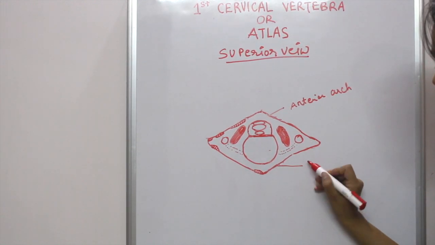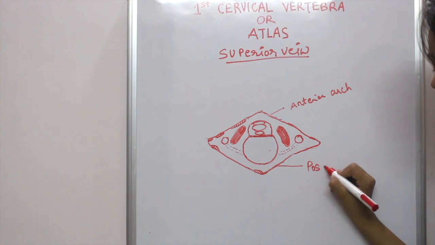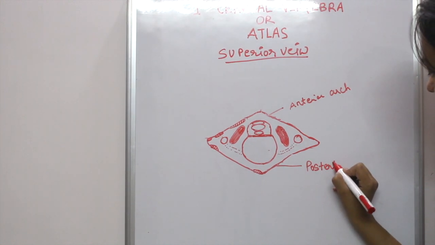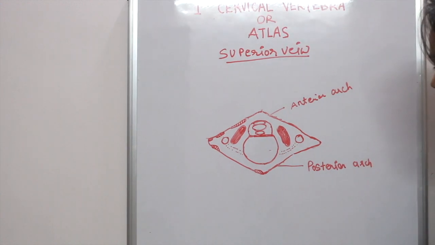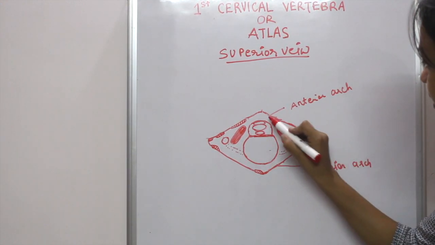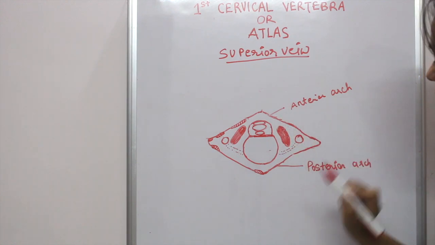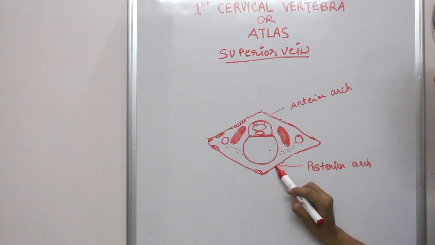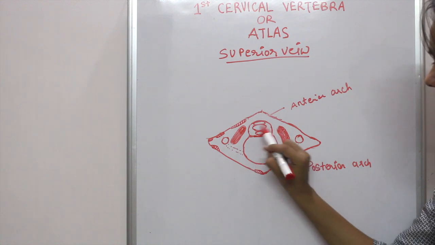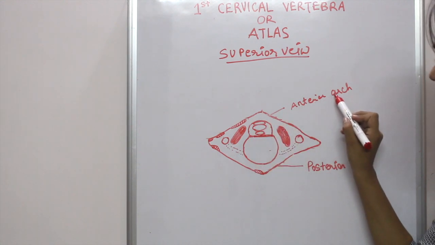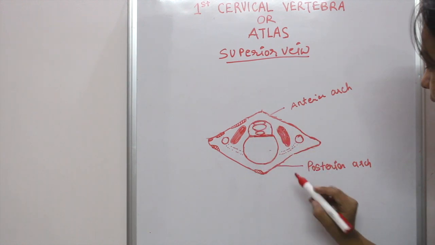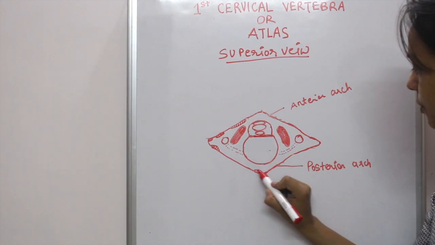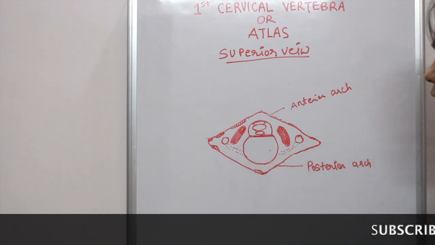This is the posterior arch. The anterior arch is shorter than the posterior arch, and this is the whole ring. This anterior arch forms 1/5 of the whole ring, and this posterior arch forms about 2/5 of the whole ring.